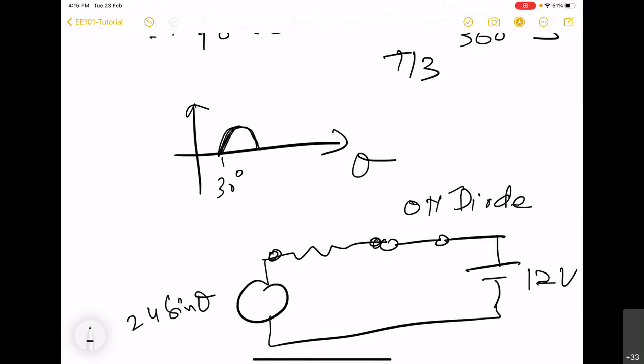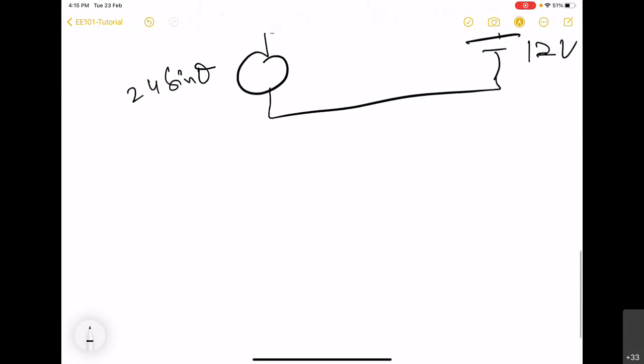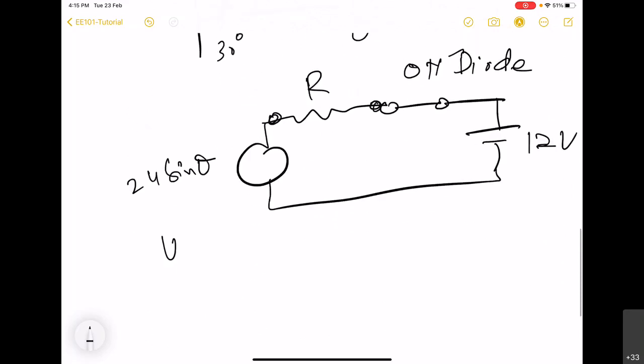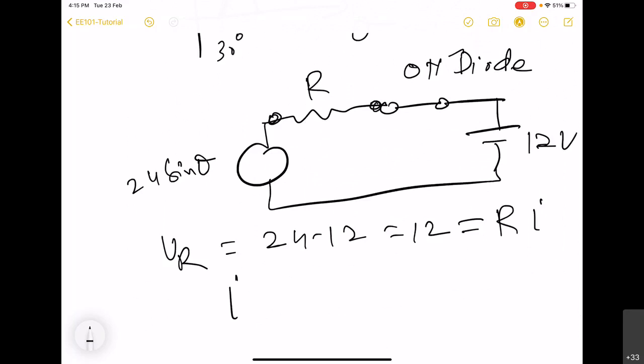So we see that the maximum voltage that resistor R will experience is VR is 24 minus 12 is equal to 12, and this is going to be R into I. So the maximum current, the same current flows through diode also.